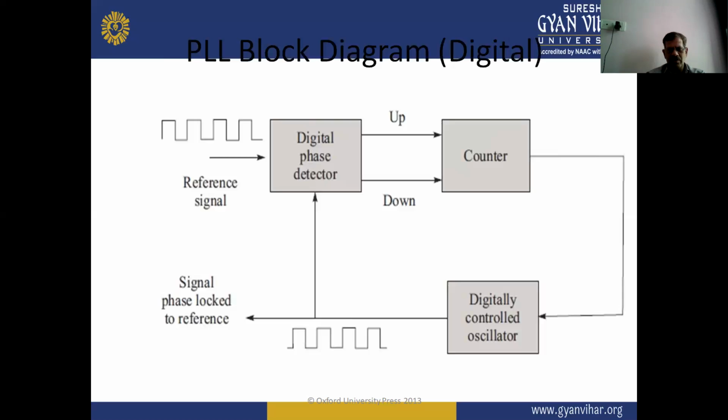The counter is an up and down counter. The output of this counter feeds the digital control oscillator, and the output of this digital control oscillator, a digital signal, is again applied to the digital phase detector. So this is the complete PLL block diagram of digital systems.